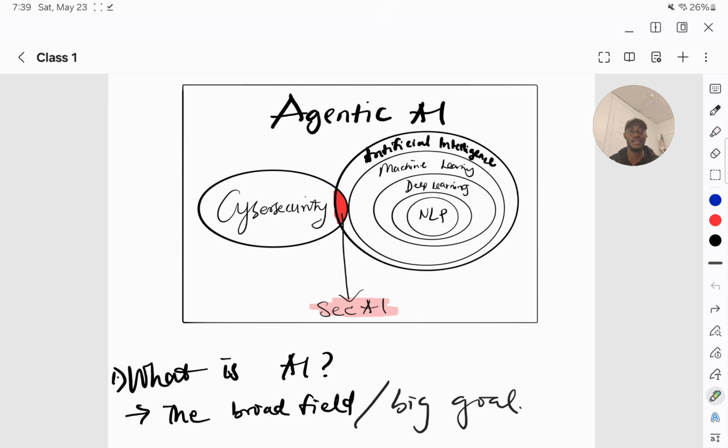What is the difference between AI and machine learning and deep learning and agentic AI? That's why I have this chart. This chart tries to explain those distinctions. Even in the exam, those distinctions will be required. So here we have AI, which I have explained, then machine learning.